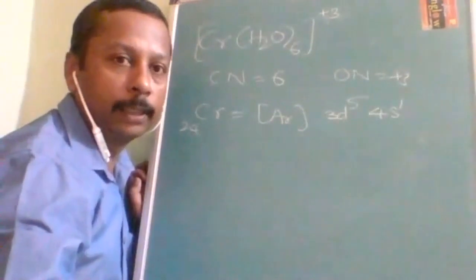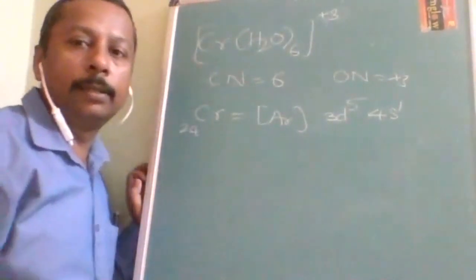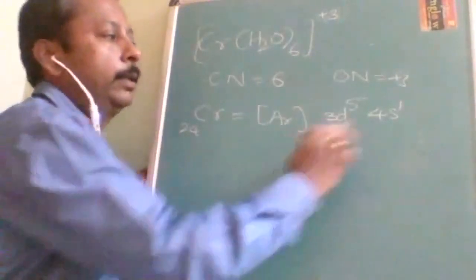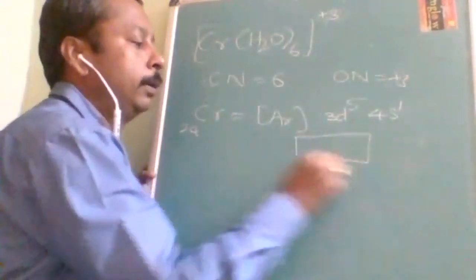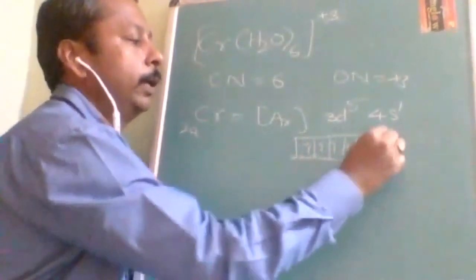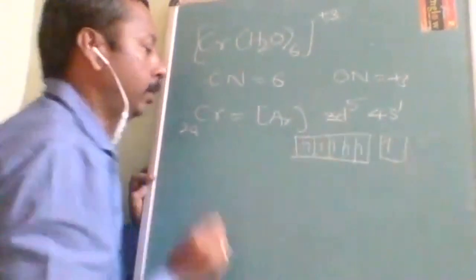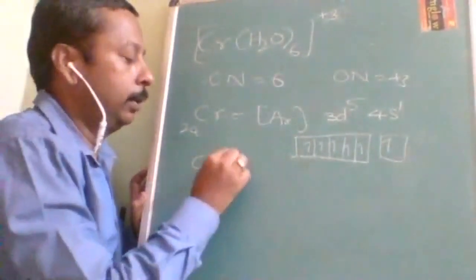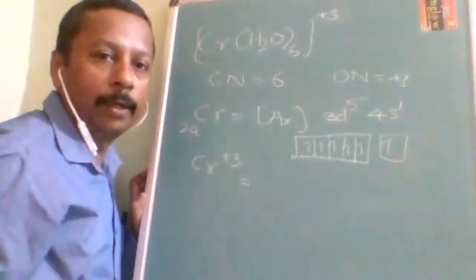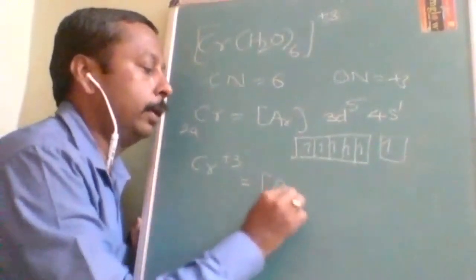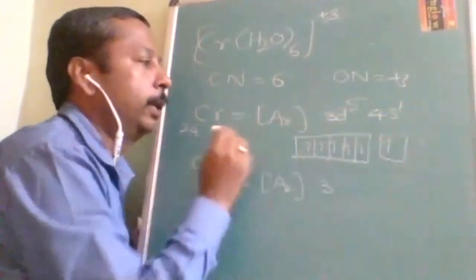Maximum number of unpaired electrons, paramagnetic nature and half-filled stability. This is the configuration. So this is the 5 electrons, 1, 2, 3, 4, 5, and there is 1 electron. But we are not going to deal with the chromium. We are going to deal with which oxidation state? Plus 3.